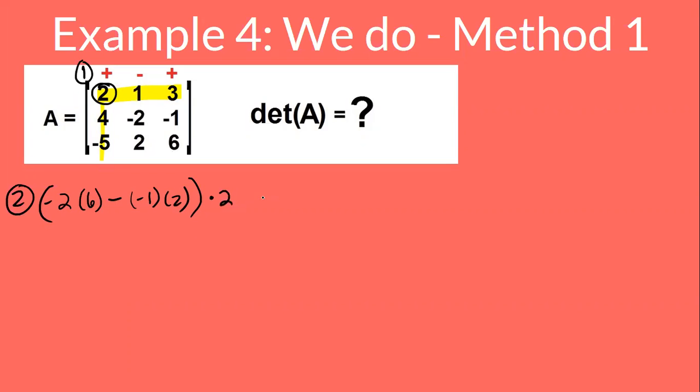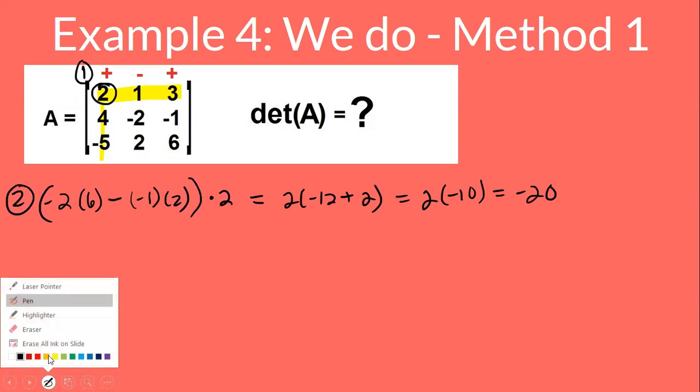So whatever you get times 2. Okay, so we have 2 times -12 plus 2 equals 2 times -10, which equals -20. So that's step 2. Questions about step 2? Okay.